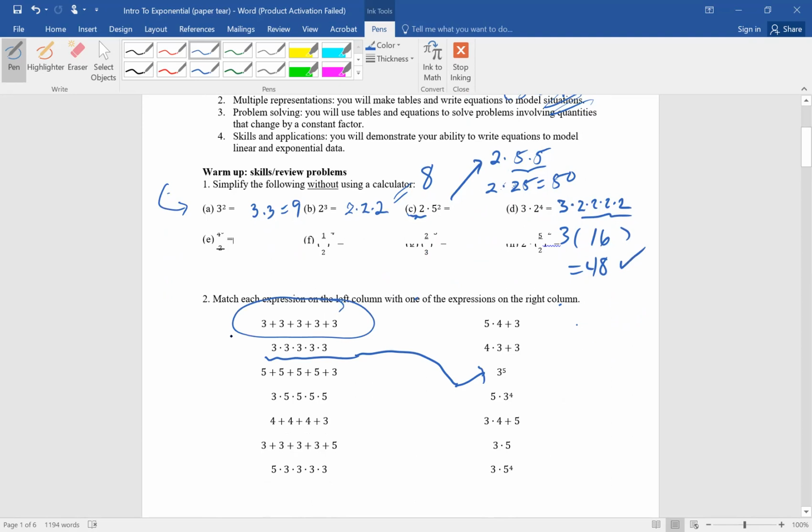That's just really taking 3 and multiplying it by itself 5 times. We could take the time and go match these things up, but really this top one's going to be 15, while that bottom, if you do it on a calculator, I think it's 243. Okay, so make sure you do your parentheses and exponents first.